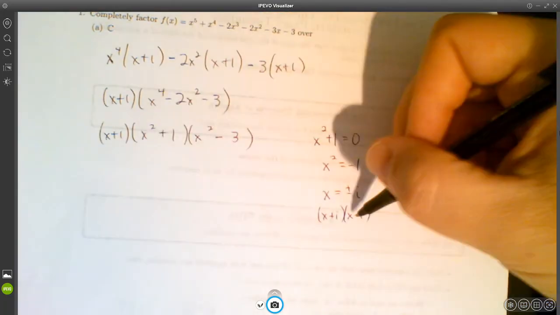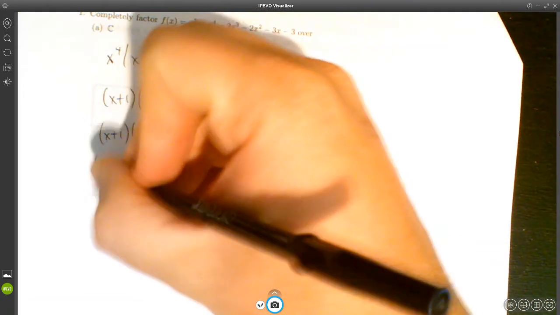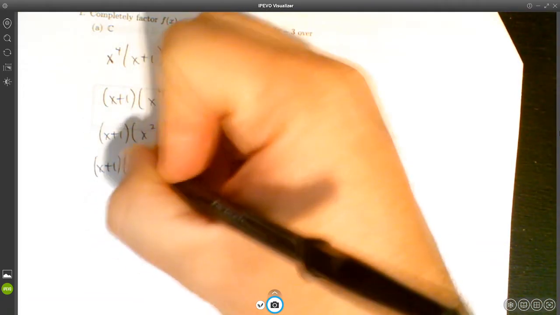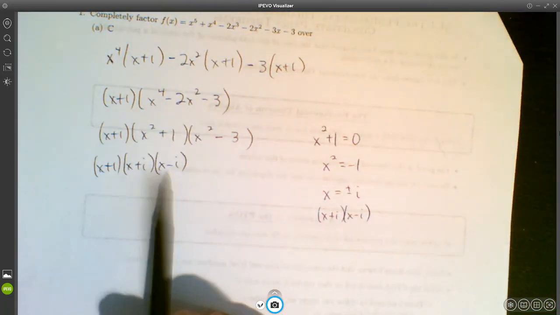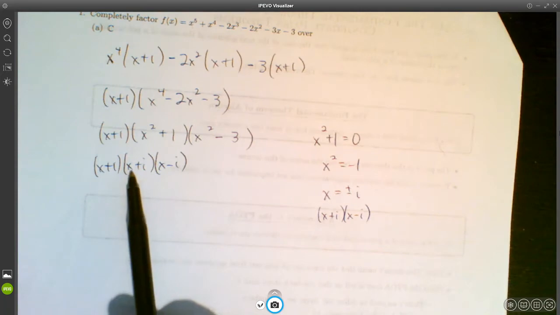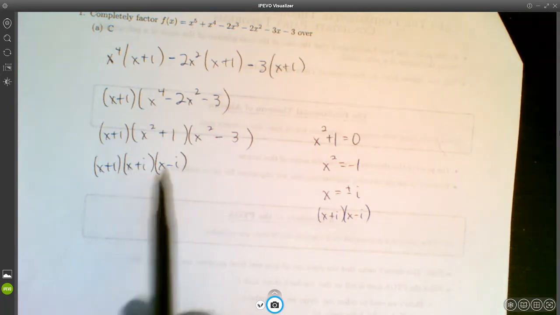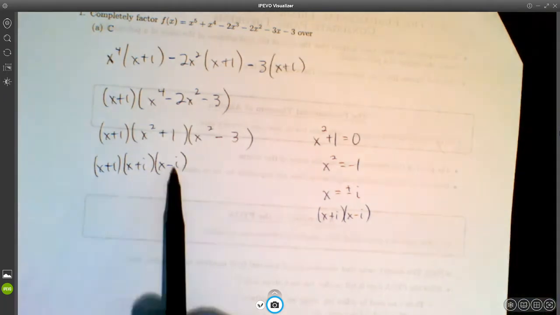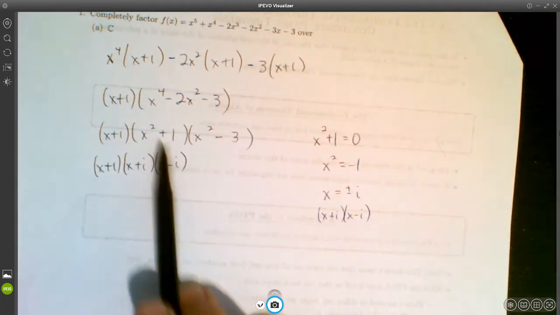If we break it down into linear terms, we would have x plus 1 times x plus i times x minus i, right? The x plus i and the x minus i combine to give us x squared plus 1. And if you don't believe me, you can do the multiplication: x squared minus ix plus ix cancel, and then minus i squared. The negative i squared is going to become a positive 1, right?